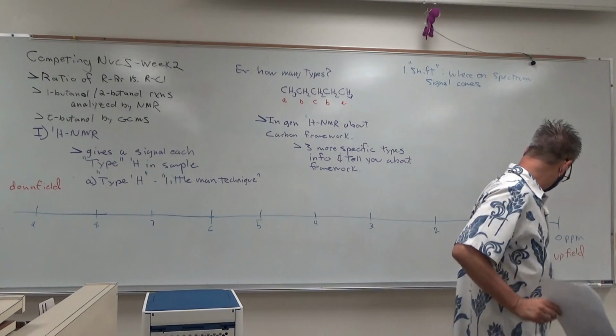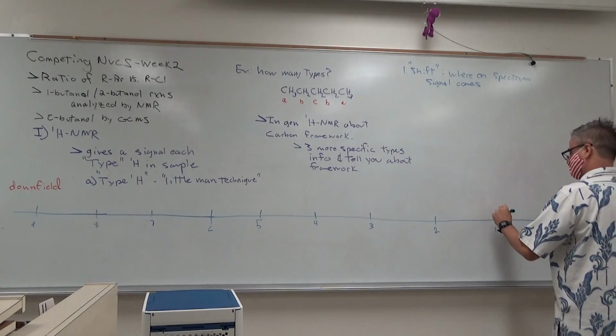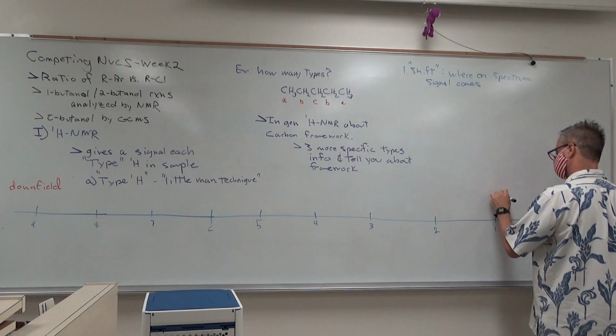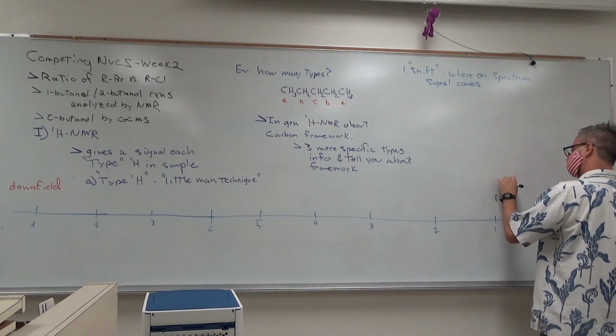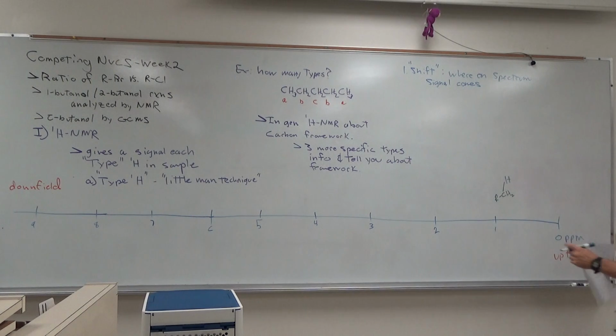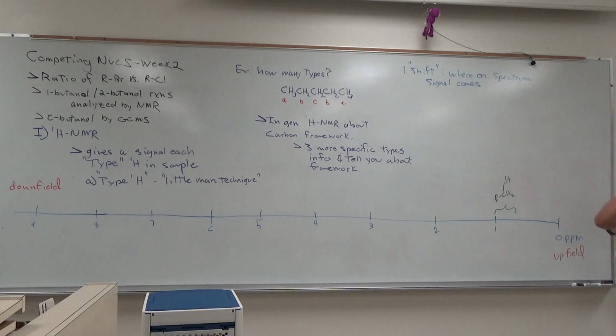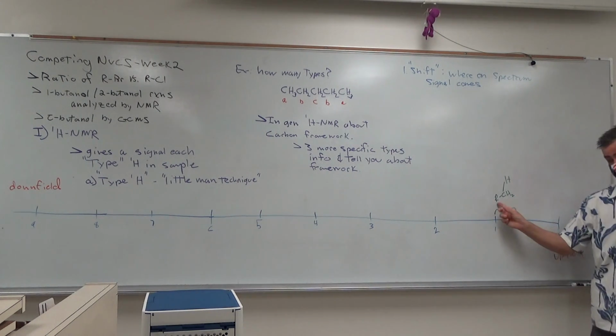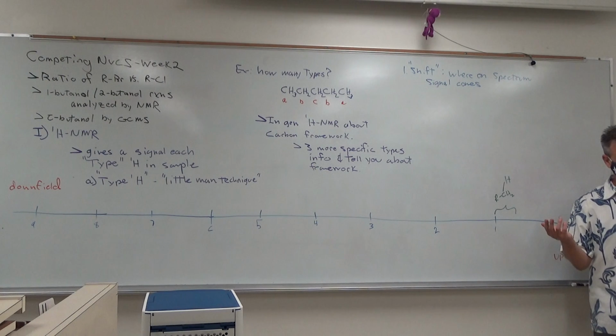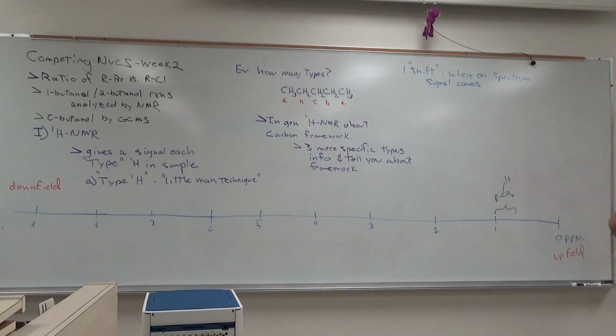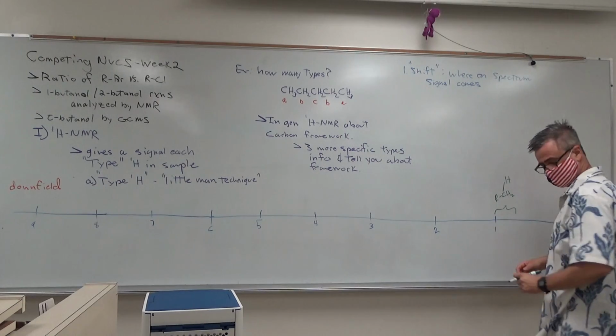If you are a CH3, and R is just carbon framework, not something electronegative, just regular carbon framework, so this is a CH3 that's not in a very electronegative or electron withdrawing environment, then it's going to be right just before 1.